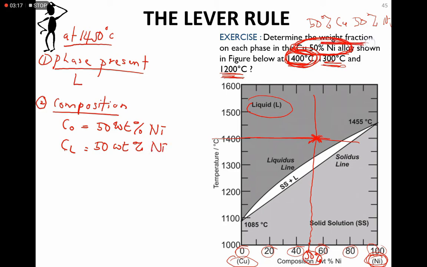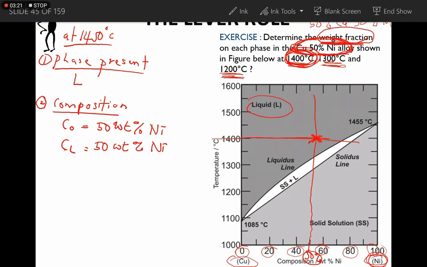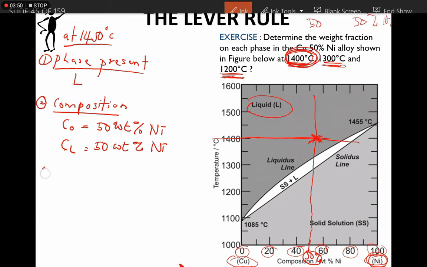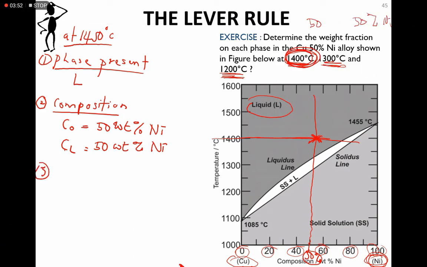This question asks you for weight fraction. To solve weight fraction, you need to find the phase present, step number 1, and also step number 2, composition.